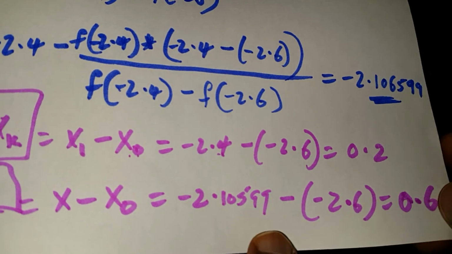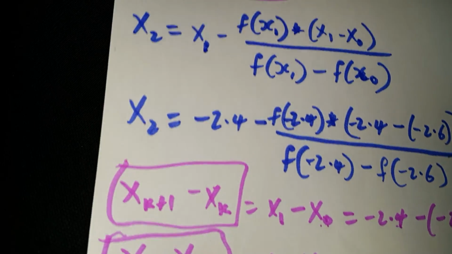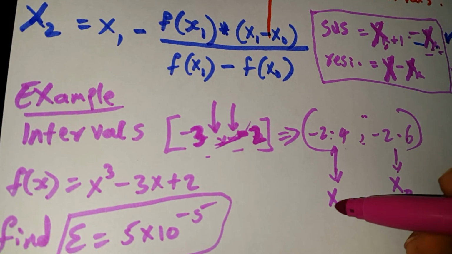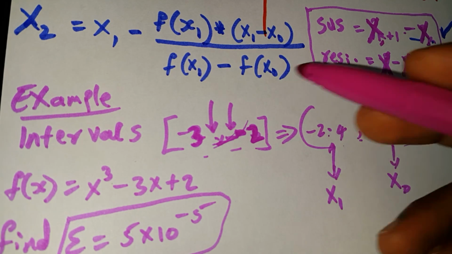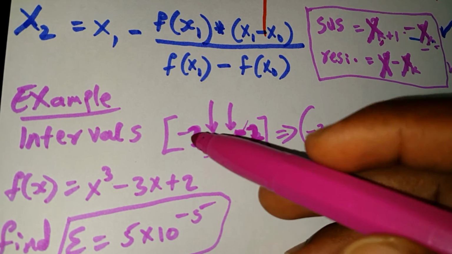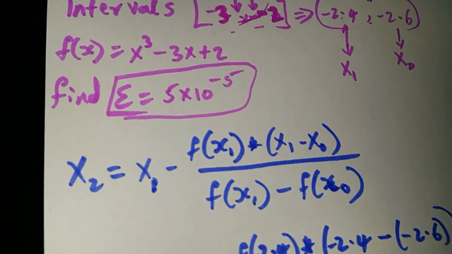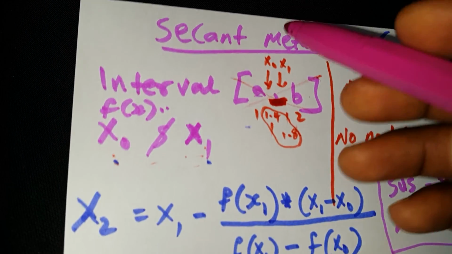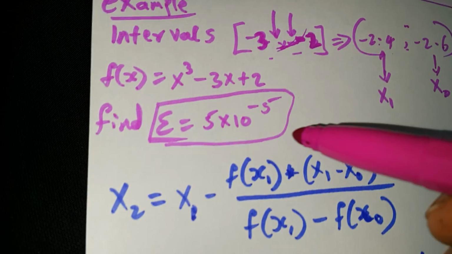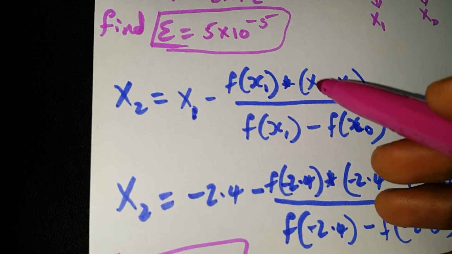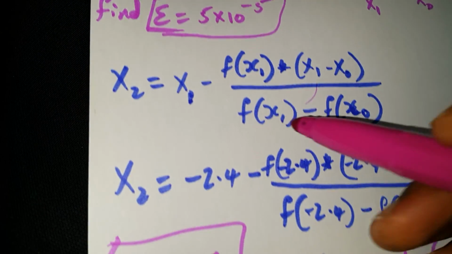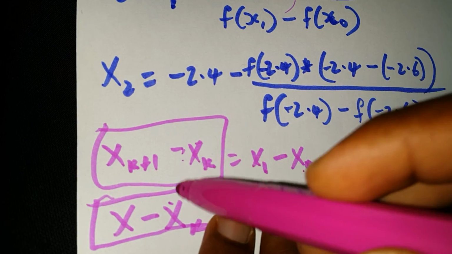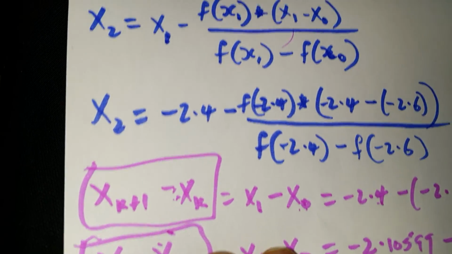Okay, this is our first situation. Just know the idea. You already know our x1 and x0 from the intervals, or they will be given to you. You just have to start from x2. When you are talking about the secant method, you just have to start from x2. Know the formula. When you put in these values, write the two errors, then solve for x3.